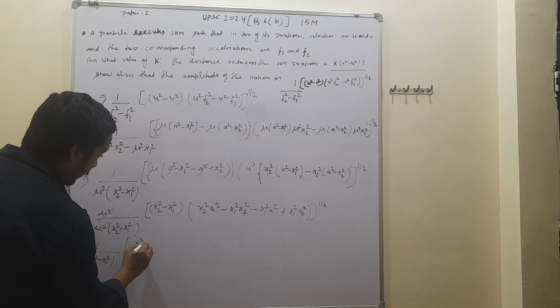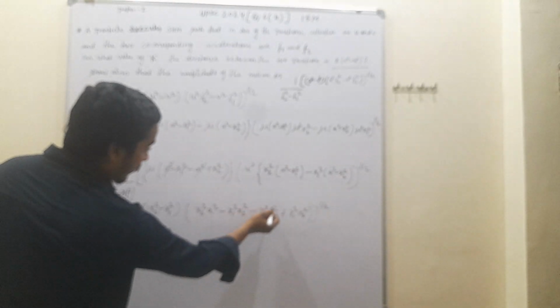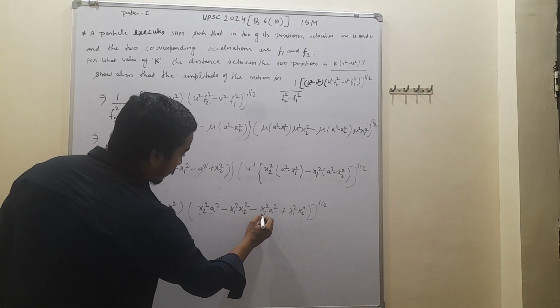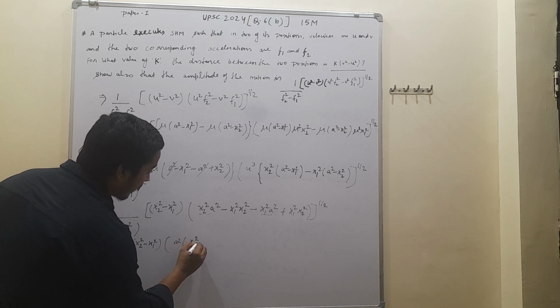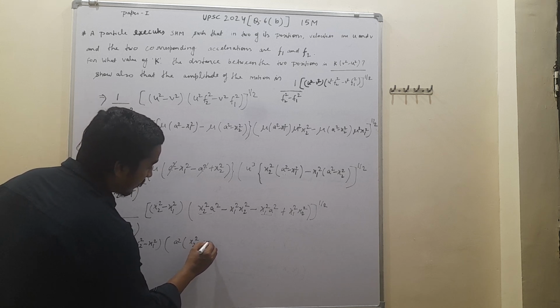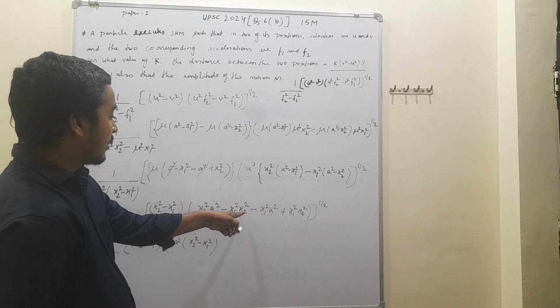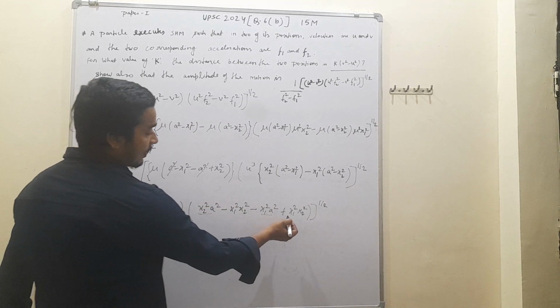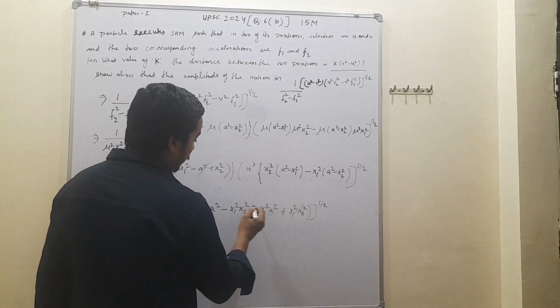Taking a square common, (x2 square minus x1 square), and x1 square x2 square plus x1 square x2 square cancels out.